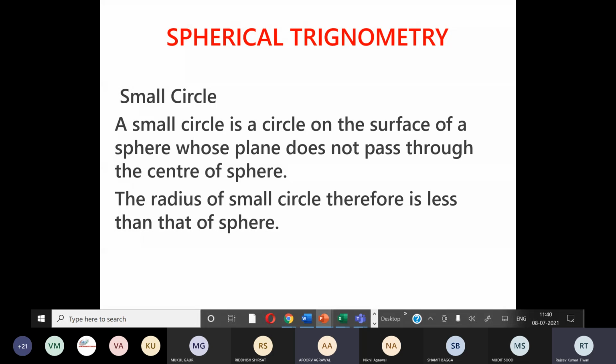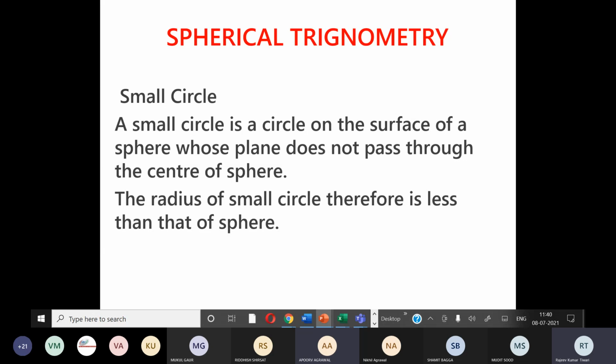Of course, the small circle. A small circle on any sphere is one whose plane does not pass through the center of the sphere. Now see, in a great circle, the radius of the great circle is equal to the radius of the sphere.